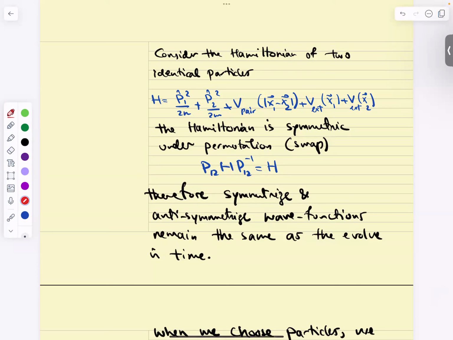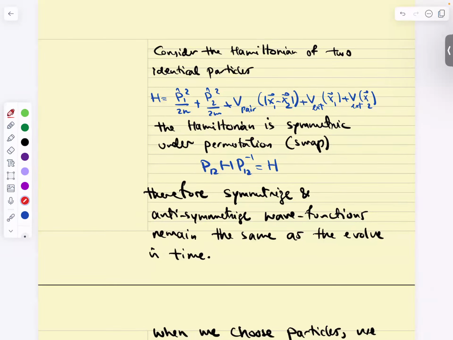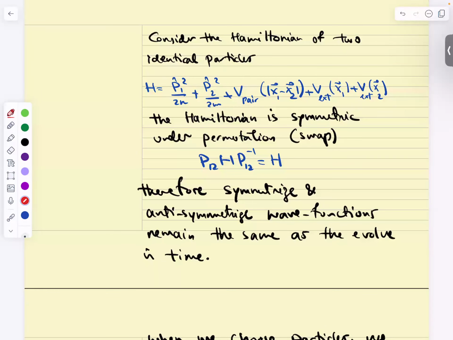All right. There is some sanity check. There was a question of the Hamiltonian that came up. What is the Hamiltonian of two identical particles in quantum mechanics? It is P1 squared over 2m plus P2 squared over 2m plus their potential, which is a function of x1 minus x2. If there are some external potentials, they look like this.